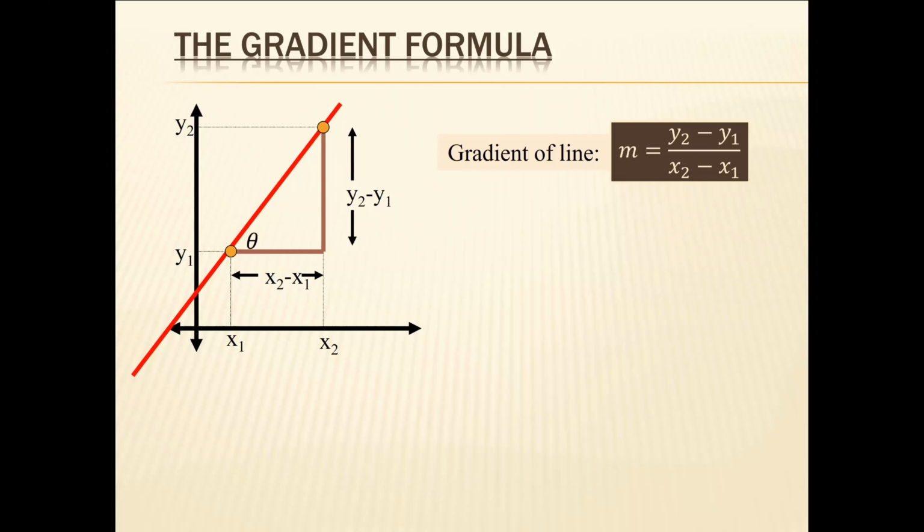Now suppose this line is making angle theta with the horizontal line towards the positive direction.